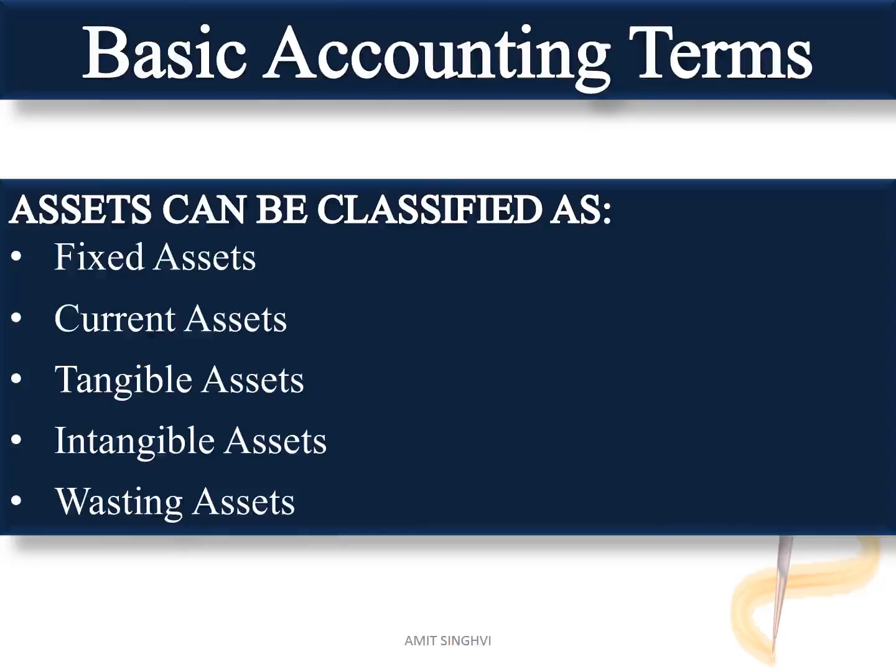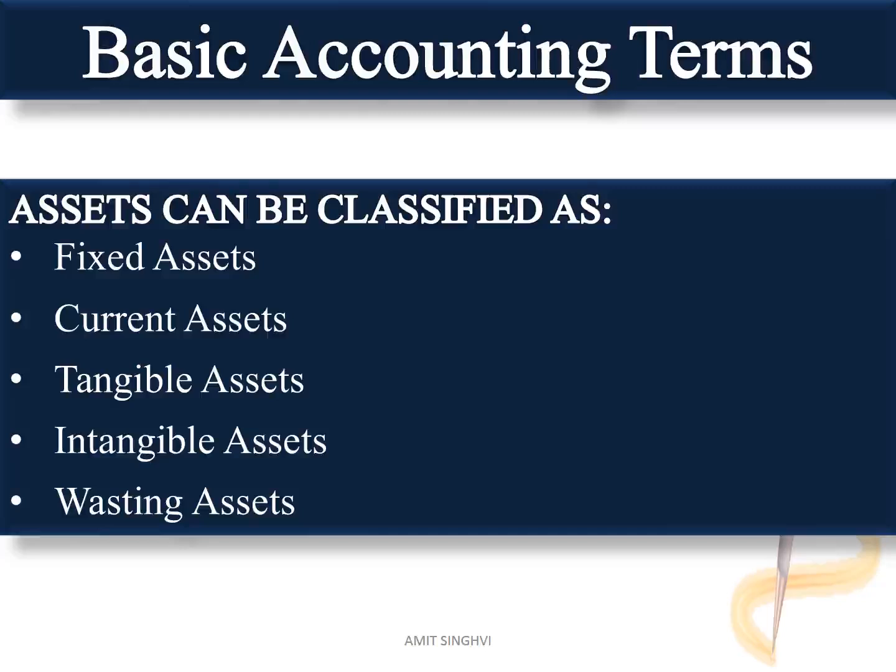Intangible assets are those assets which cannot be seen and touched, but the benefit of these assets will be received by the firm, like for example, goodwill, patent, copyright, trademark, mining rights, computer software, franchise, etc.